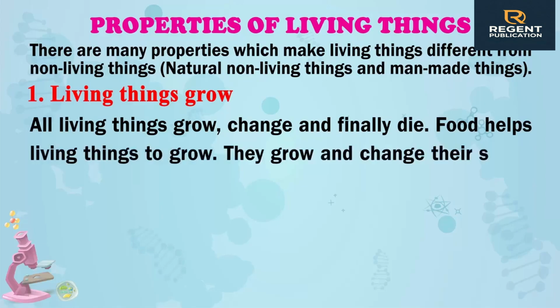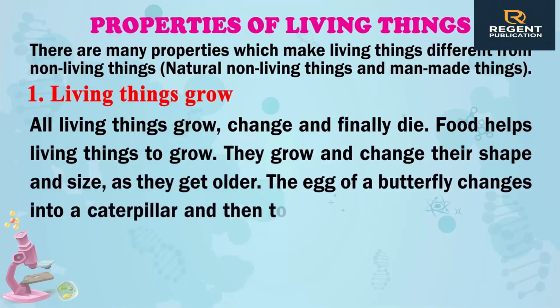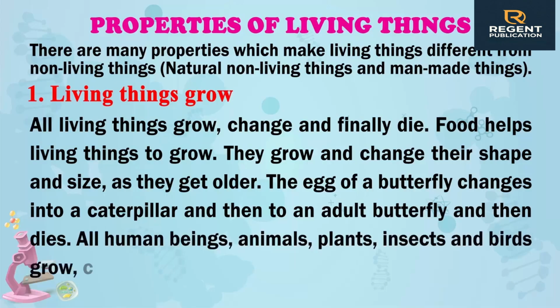They grow and change their shape and size as they get older. The egg of a butterfly changes into a caterpillar and then to an adult butterfly and then dies. All human beings, animals, plants, insects and birds grow, change, and then die.